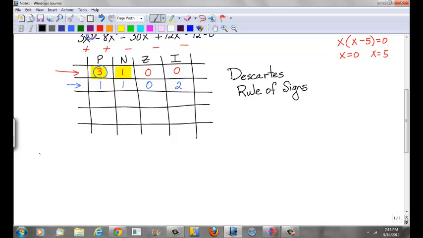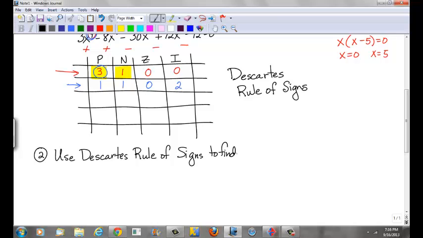Okay, let's look at another example. Same, it'll say use Descartes' rule of signs to find the number of, and just abbreviate it, positive, negative, 0, and imaginary roots.